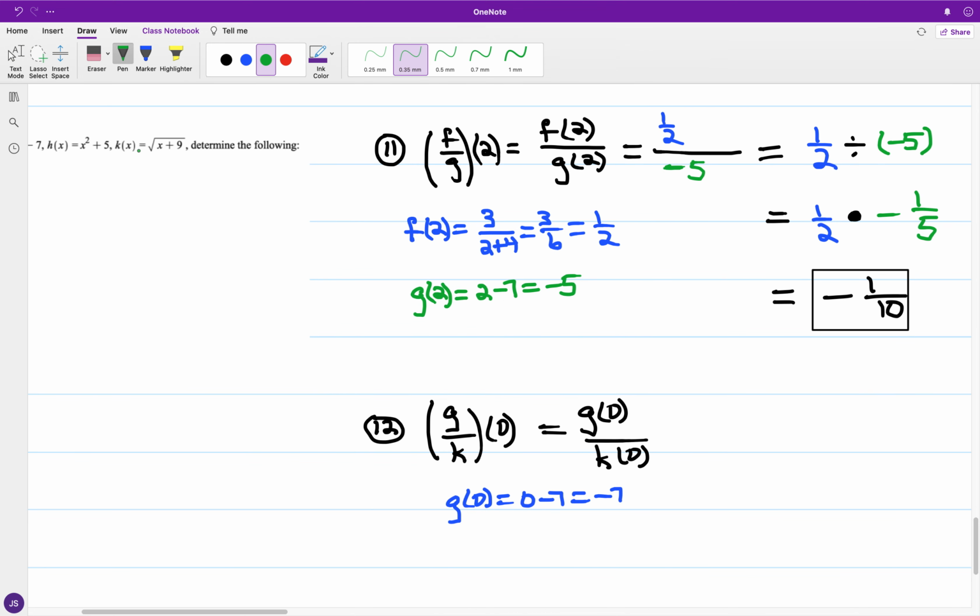we're looking at k of x equal to the square root of x plus 9. So you have the square root of 9, which is equal to 3.